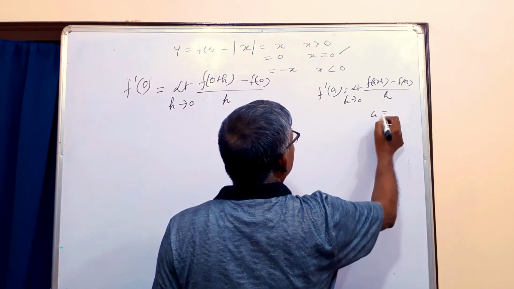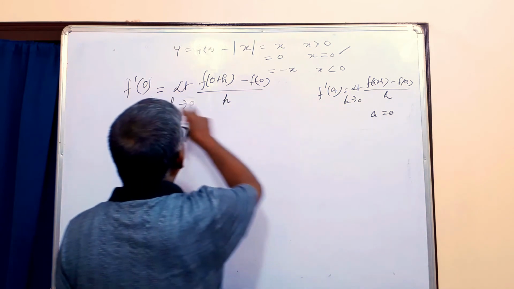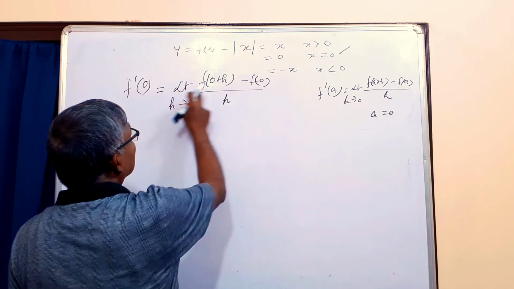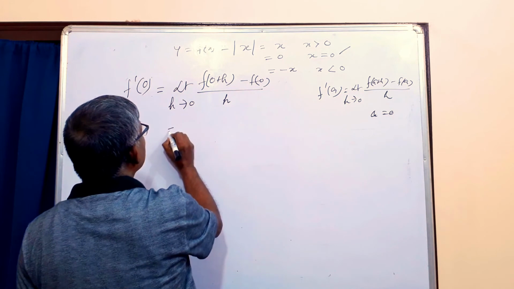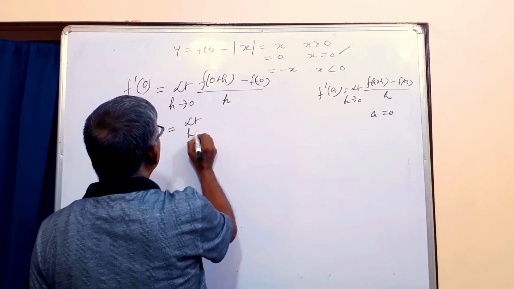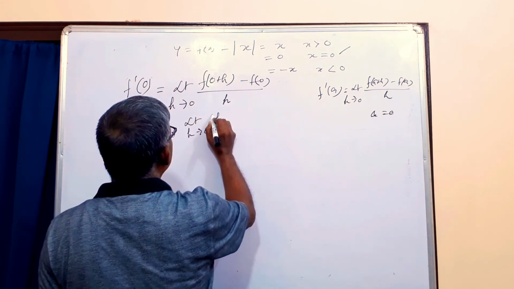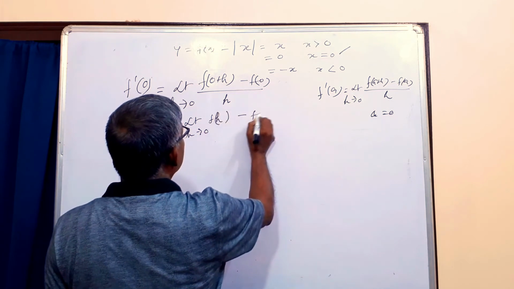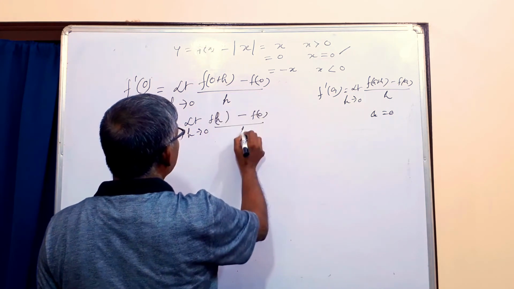Here a equal to 0, so f dash 0 means limit h tends to 0 of f of h minus f of 0 by h.